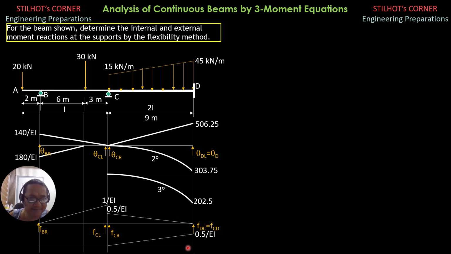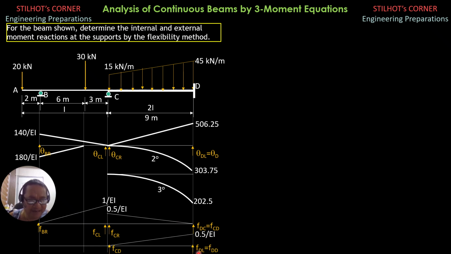Then, likewise, if we apply unit couple at D, counterclockwise at the left, there's no span at the right, so there's no result just at the left. The reaction here would be 1 over 9 again, times 9, so 1, but because I is 2, divide by 2, so that's 0.5 over EI.